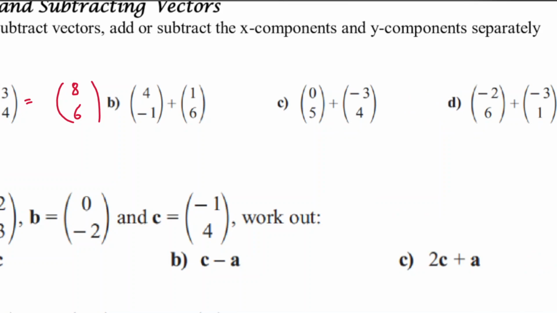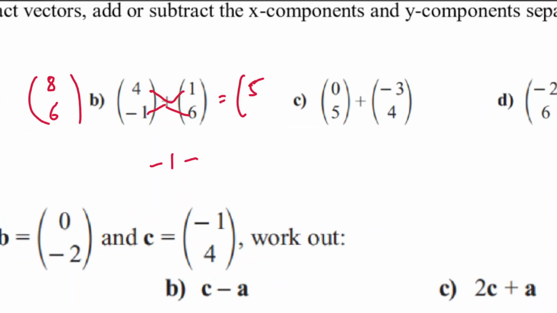So 4 plus 1 is 5, and minus 1 plus 6 is 5 again. You can use a calculator if you want. Otherwise, these are very simple calculations. So this is addition of vectors.